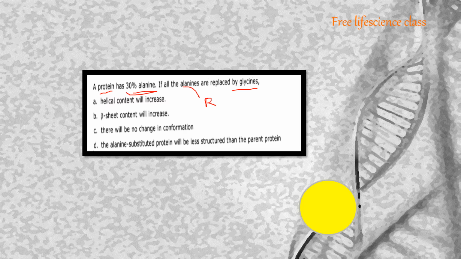So if you substitute glycine instead of alanine, what will happen? You will get a less structured protein than its parent protein. Okay. So the protein structure will be changed. The option for this question is option D. Okay, moving into the next question.